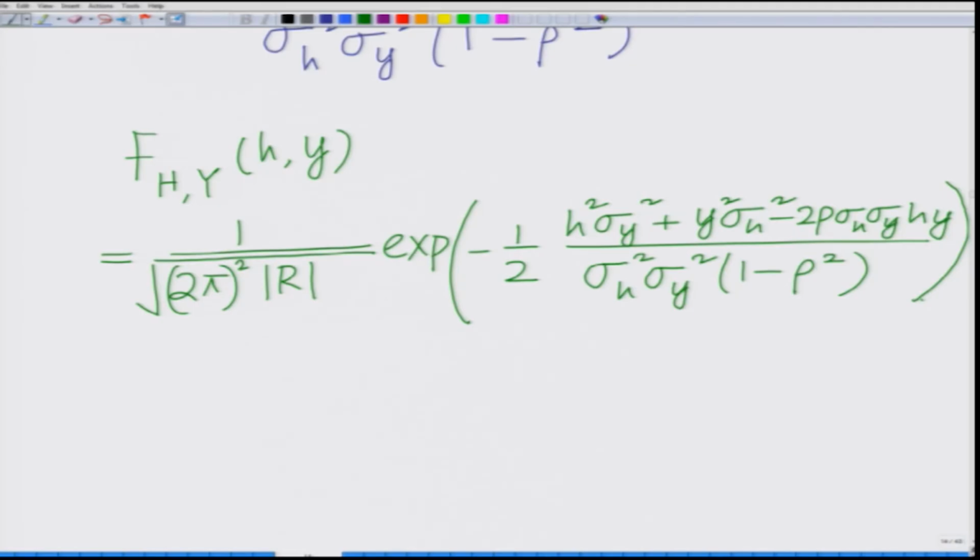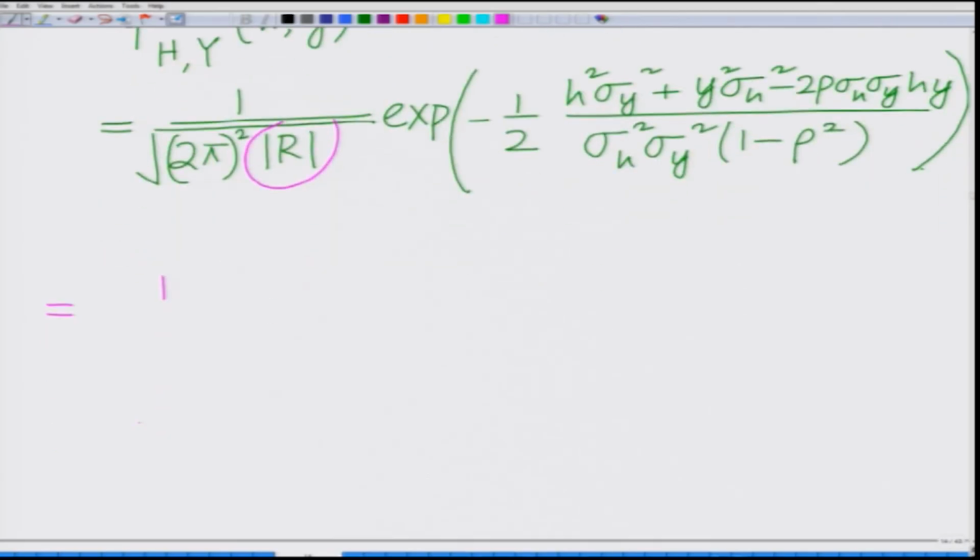Okay. And now, I can substitute the value corresponding to the determinant of R. We also know what the determinant of the covariance matrix R is, that is, 1 minus rho square sigma h square sigma y square.